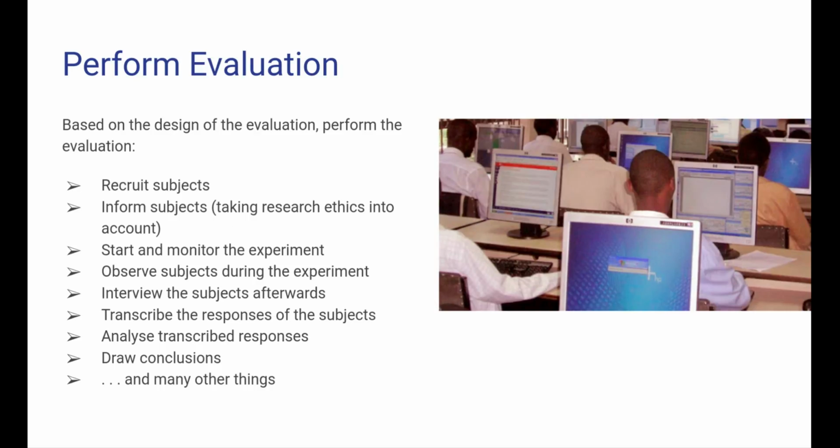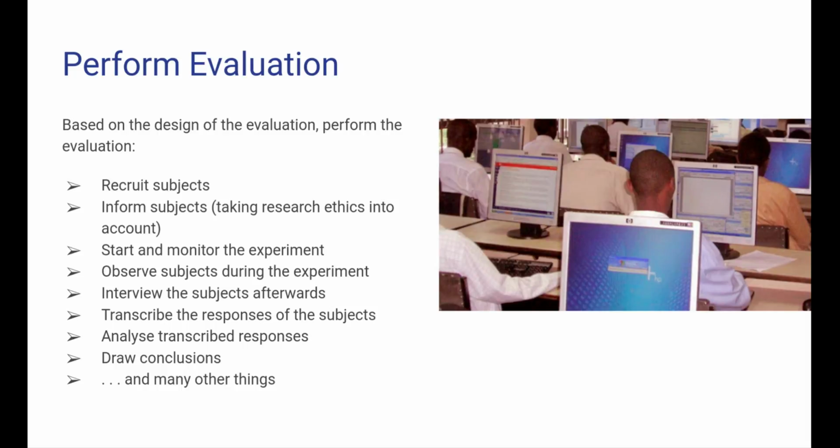When you have designed the evaluation, you can start to perform it. In this case, it means that you should recruit subjects, recruit the different students. You should inform them about this experiment, and when you do this, you should take ethical aspects into account. Then you can start the experiment and you monitor it and you observe the subjects during the experiment.